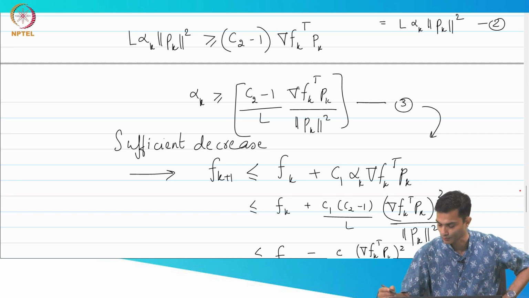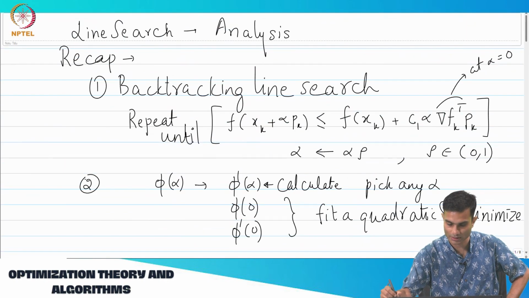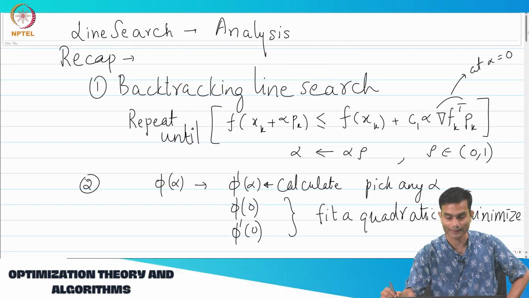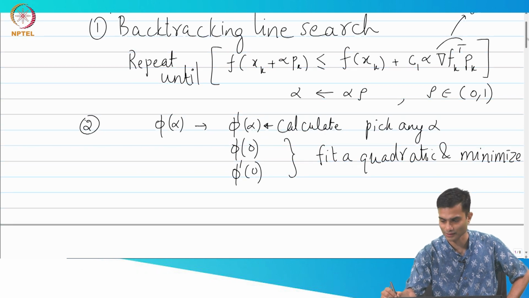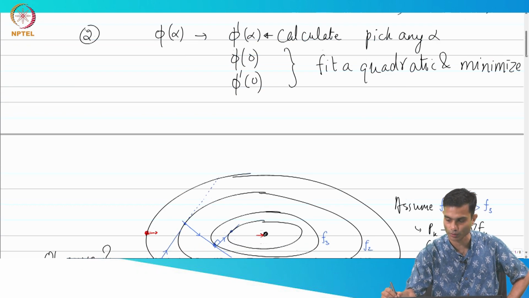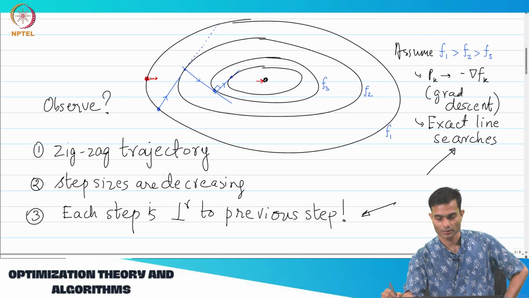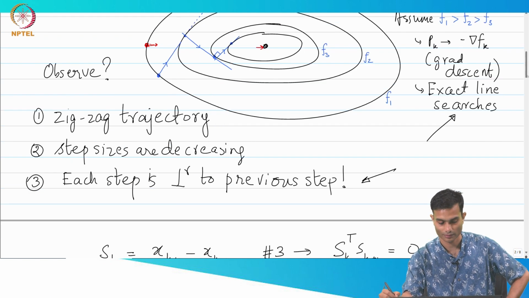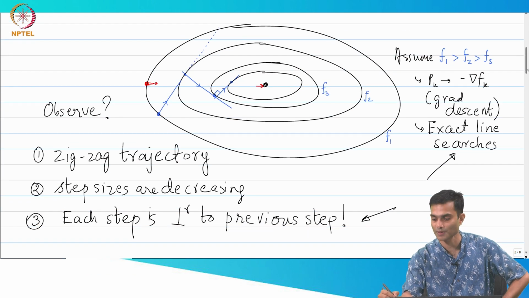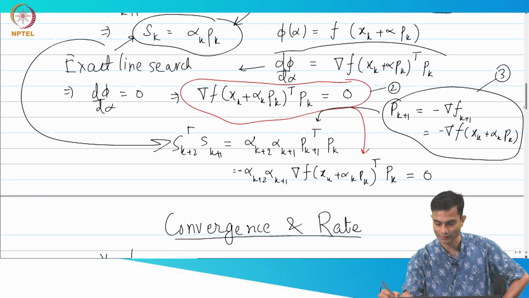Okay, so as far as content goes, we'll pause over here for today. We started with this backtracking line search review and various other ways of doing it, fitting polynomials, quadratics. Then we looked at line search, how the trajectory looks, and we derived some simple relations, for example, the steps being perpendicular to each other, which used simple calculus.